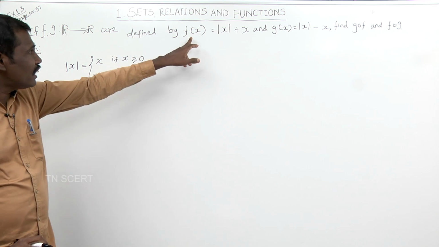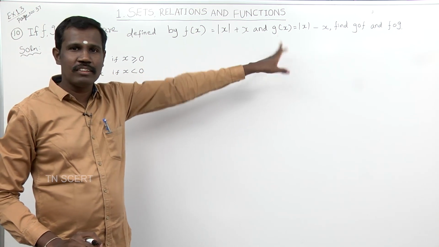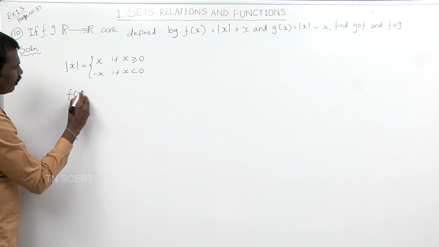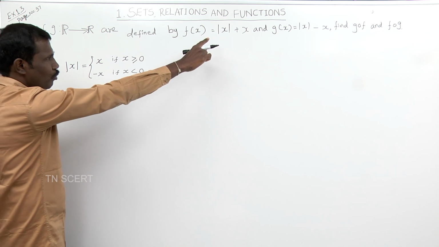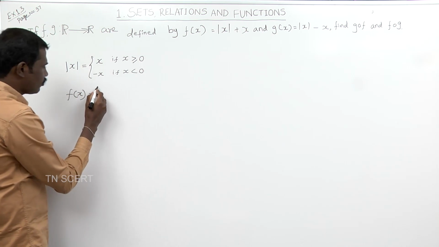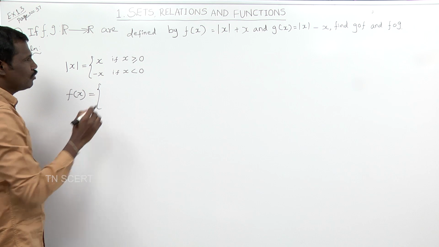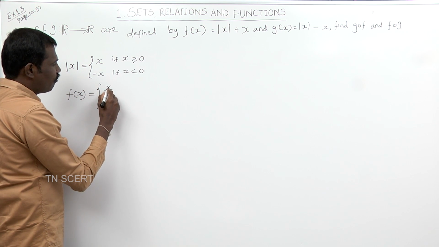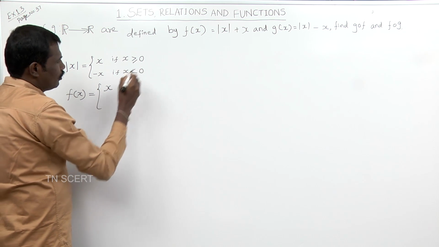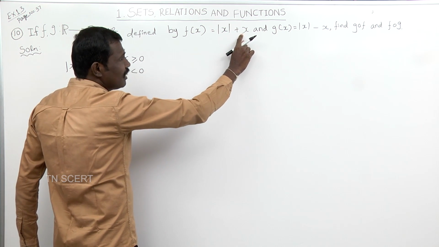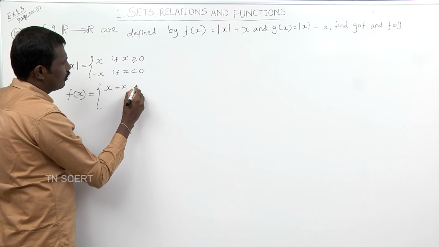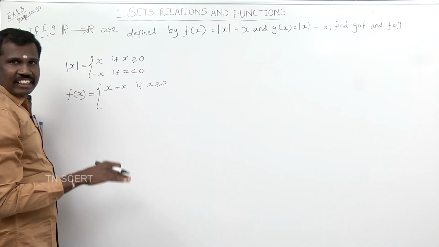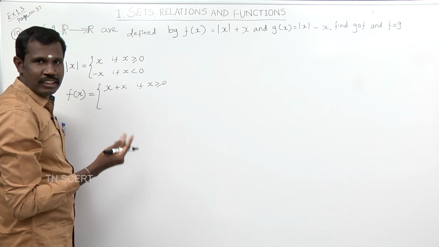Now, let us redefine the function f of x as well as g of x. First, let us redefine the function f of x. Given that f of x equal to modulus of x plus x. So, f of x equal to, instead of modulus of x, we have to write x when x is non-negative. So, x plus x if x is non-negative, and whenever x is negative, the value of modulus x is minus x.